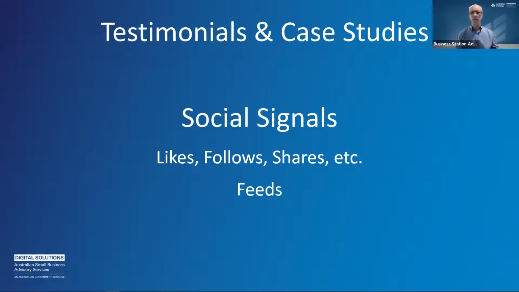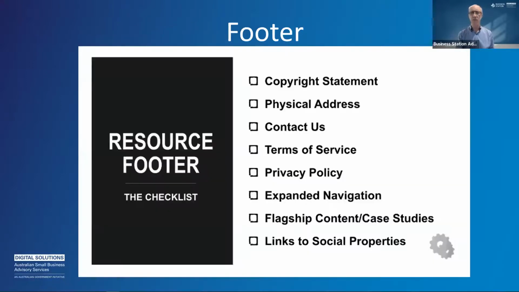You can also have feeds. People often have an Instagram feed or something down the bottom of the page, as well as the blog post, which I've already mentioned. So just the footer, finishing off this section of the below the fold here. This is where you might want to have some of these things included. You don't need these up in the top navigation, because that's going to be distracting and maybe lose you some potential customers because they can't find what they're looking for, or they've been distracted and gone elsewhere.